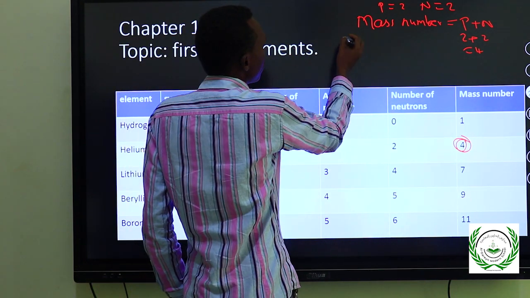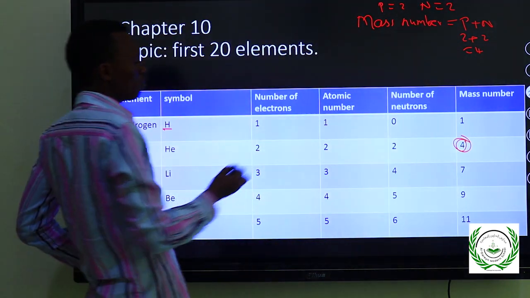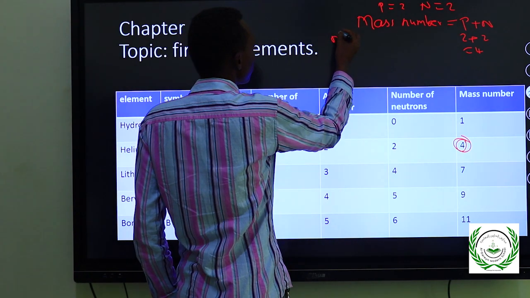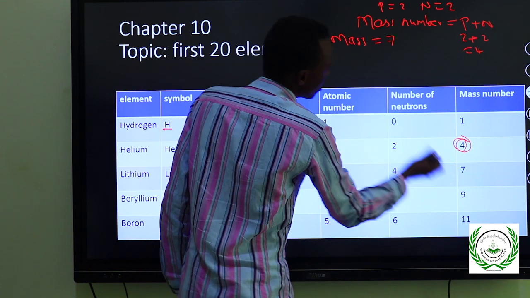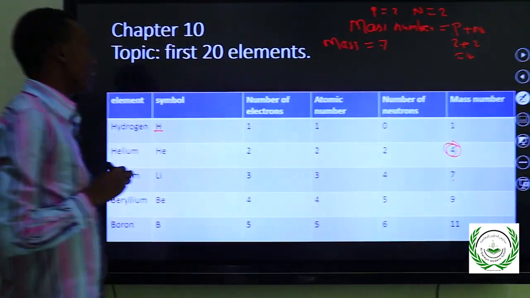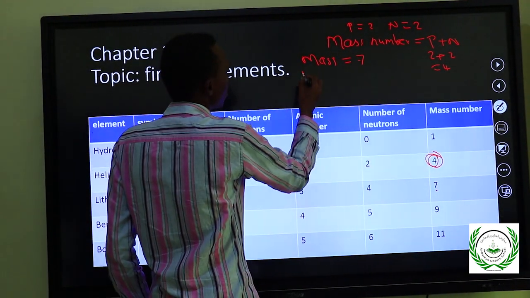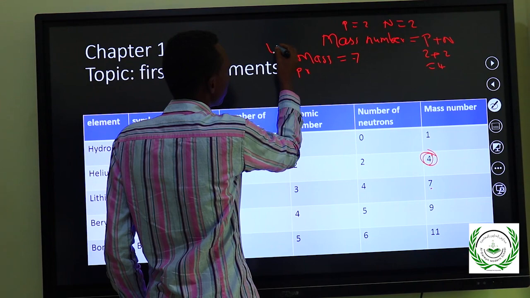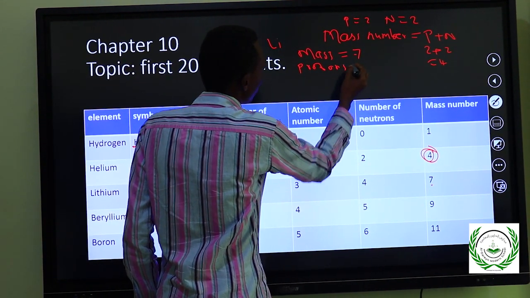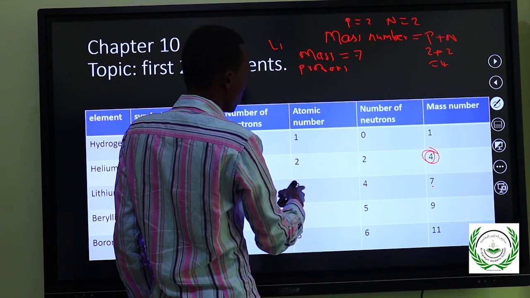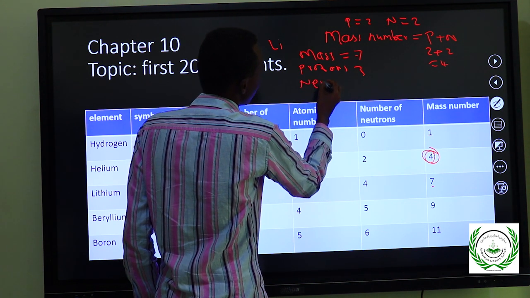So for example, let's say we are calculating lithium. The mass number of lithium is equal to 7, and the number of protons of lithium is equal to 3. We don't have the number of neutrons, for example.